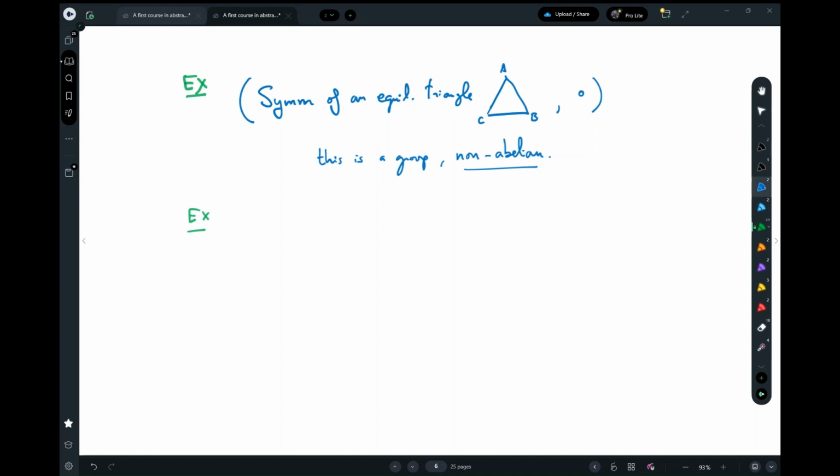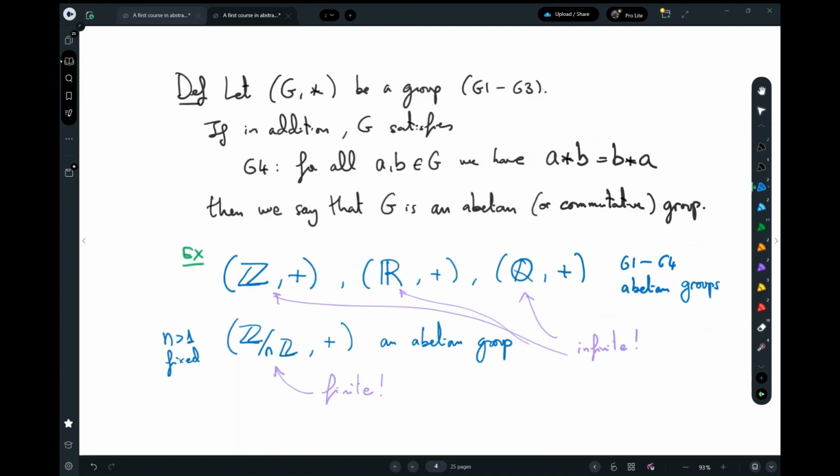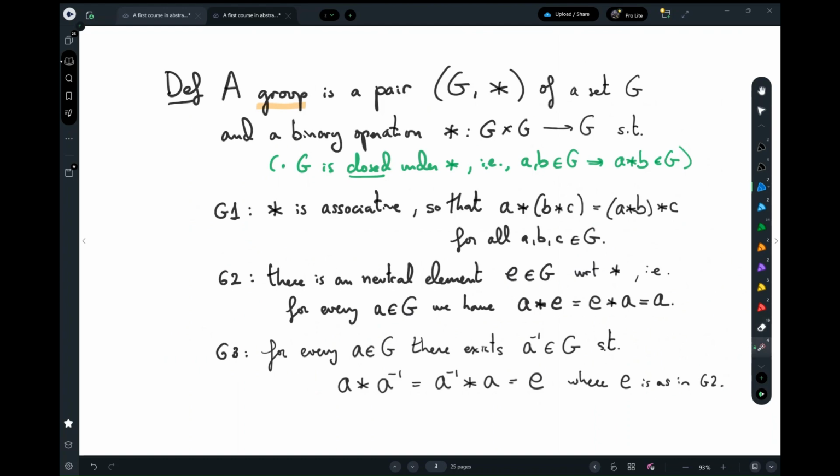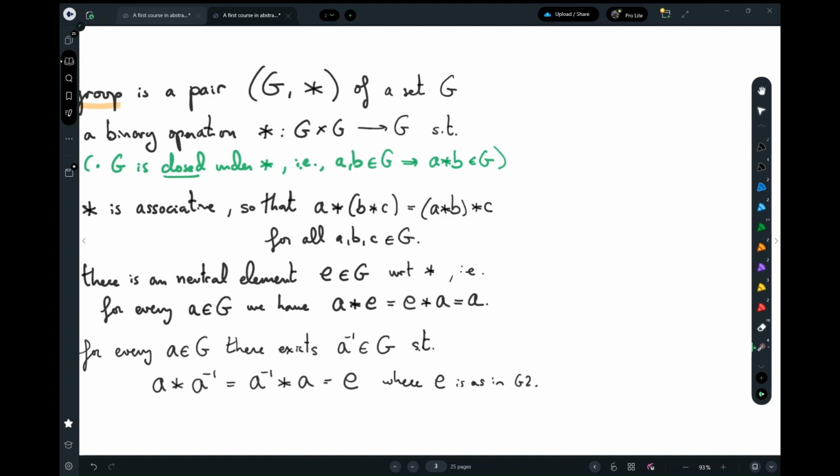Let me give you another example. If I take M, the 2 by 2 matrices with real coefficients under matrix multiplication, this is not a group. If we look at the properties of a group, it fails to have inverses for every matrix.